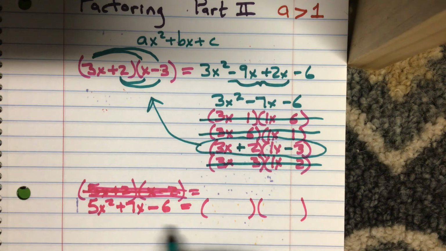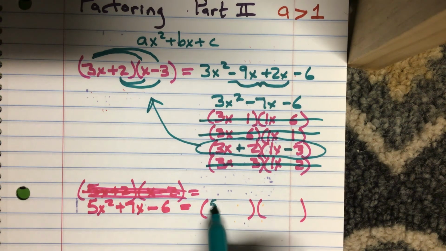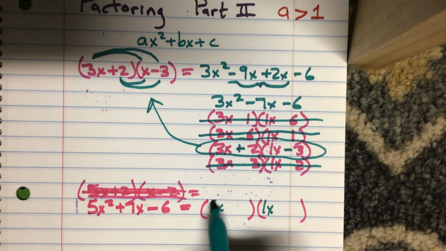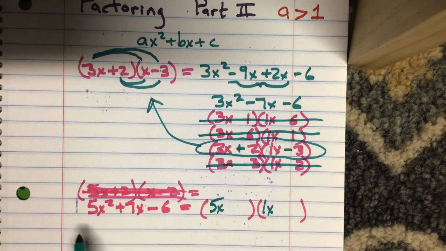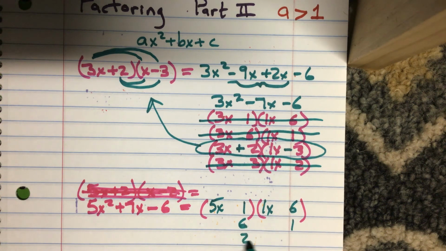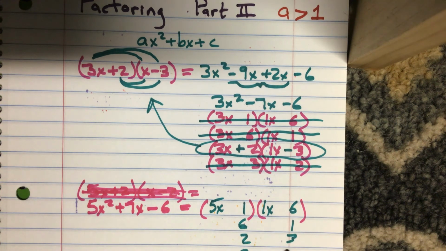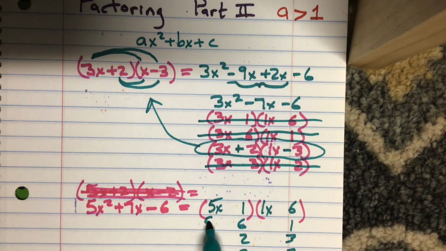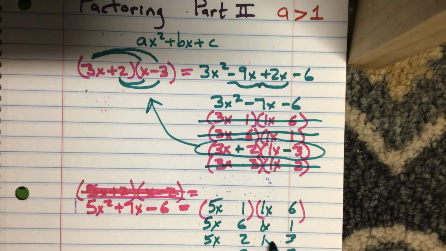Okay, so once again, this is a prime number here, so this is 5x and 1x, because the only way to make 5 is 5 times 1. This is a 6, so we don't know if this is 1 and 6, or 6 and 1, or 2 and 3, or 3 and 2. But we're trying all those combinations to see what they give us for a middle term.